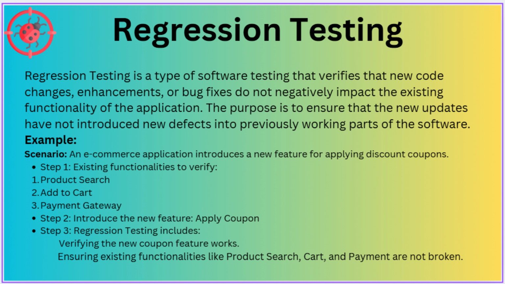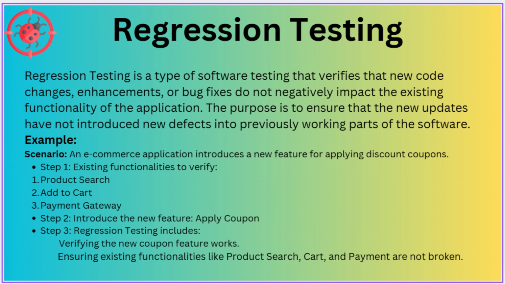For example, in a scenario I described, an e-commerce application introduces a new feature of applying discount coupons. We follow some steps. First, we verify existing functionality: we check product search, add to cart, and the payment gateway.